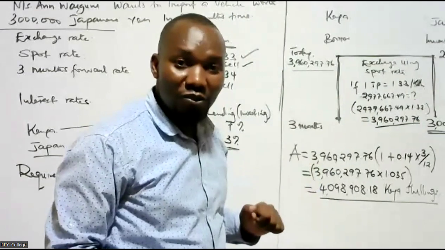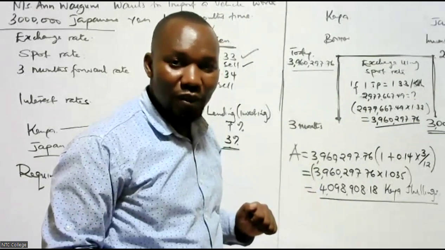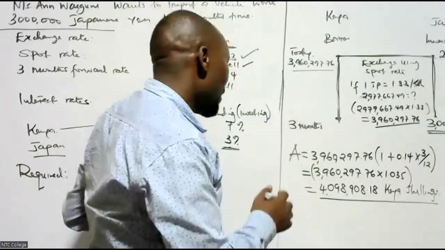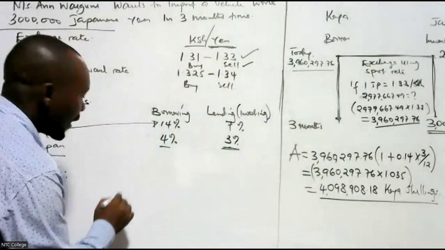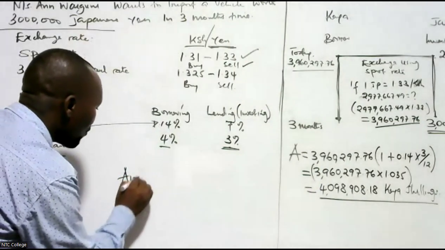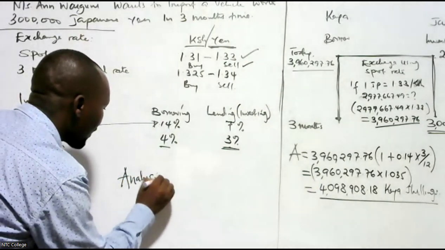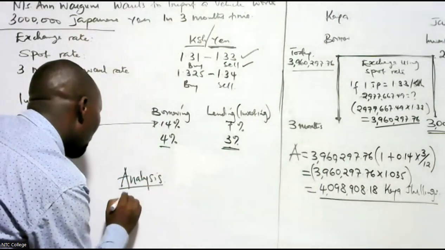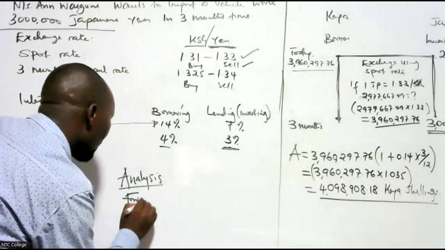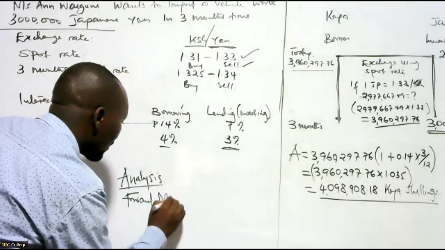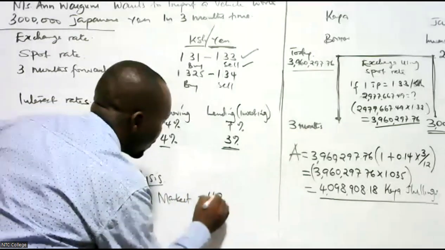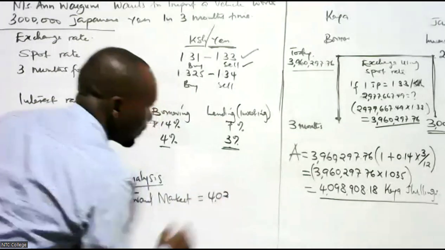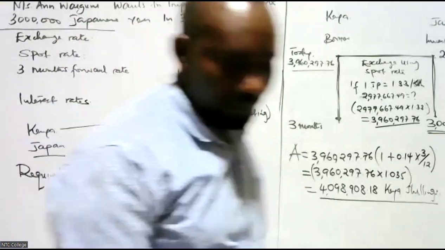If I use forward market, you know what I paid? It was 2 point. So money market, you now come here and say that analysis, unaandika hapo chini ndio wajue uja 10 plus analysis. Then you say that forward market is equal to 4, to how much was it?